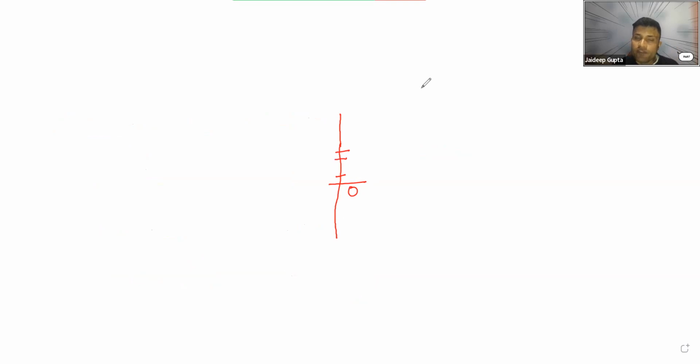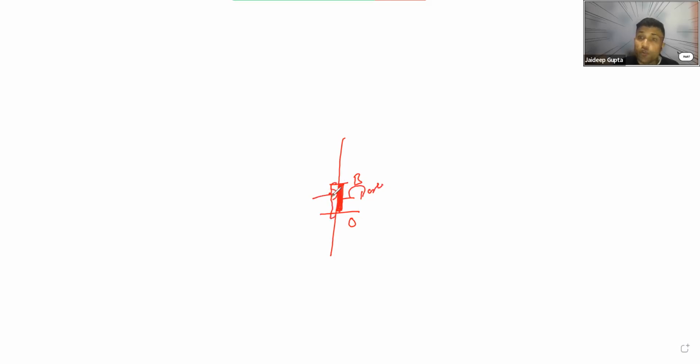Now, what is fringe width? Let this be the central bright fringe, then again you get a bright fringe, but in between these two bright fringes you get a dark fringe. Fringe width means the width of this dark fringe. To calculate the fringe width of the dark fringe, we take the separation between two consecutive bright fringes.